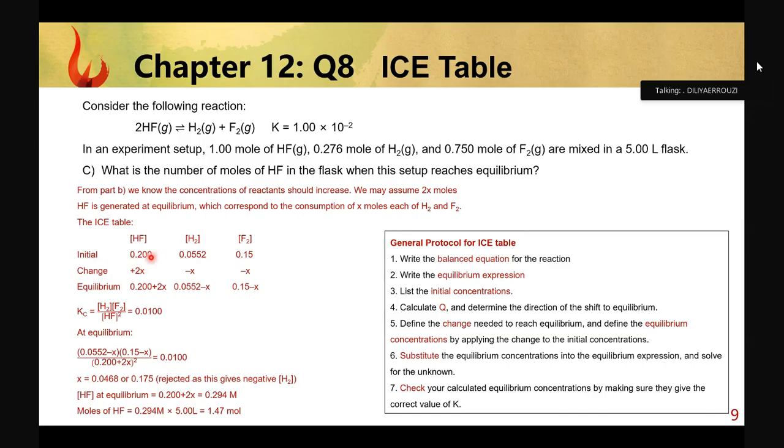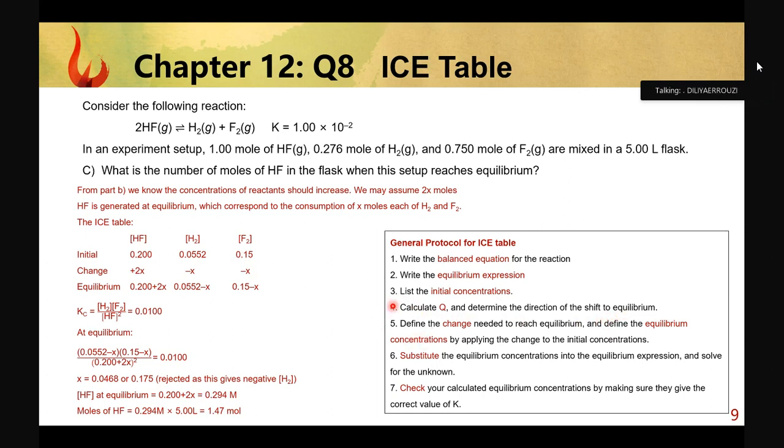We know the hydrogen fluoride is 0.2, hydrogen is 0.05, fluorine is 0.15. Then calculate Q, which we know by now.